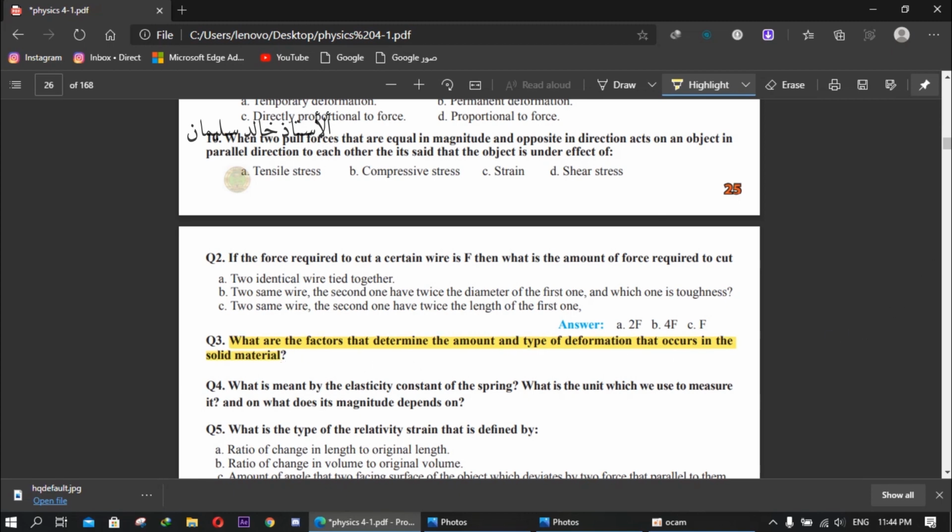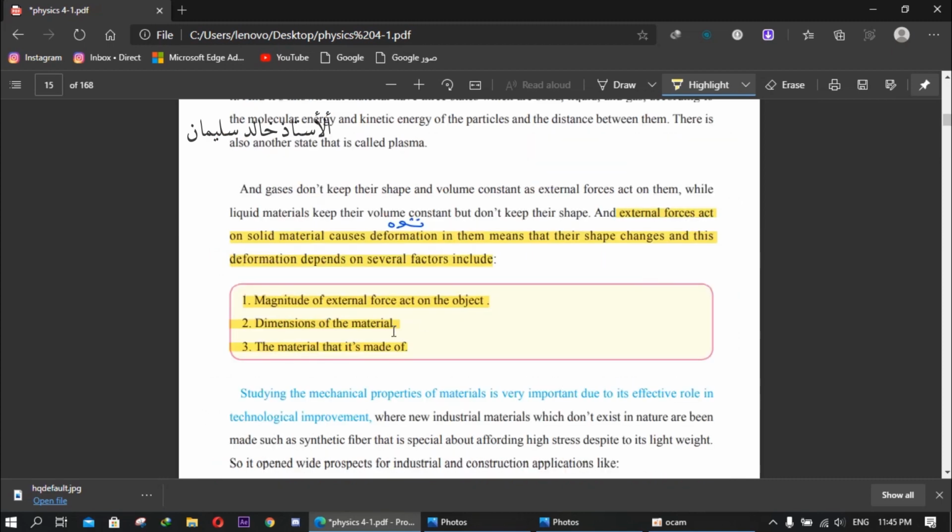The answer: number 1, the magnitude of the external force acting on the object. Number 2, the dimensions of the material. Number 3, the material that it's made of.